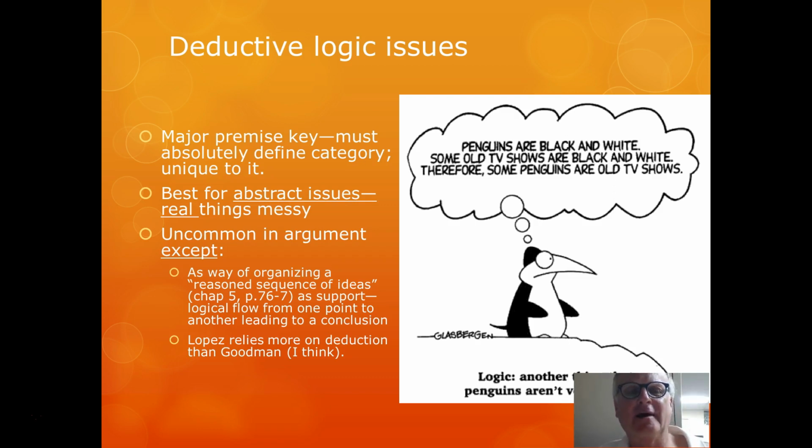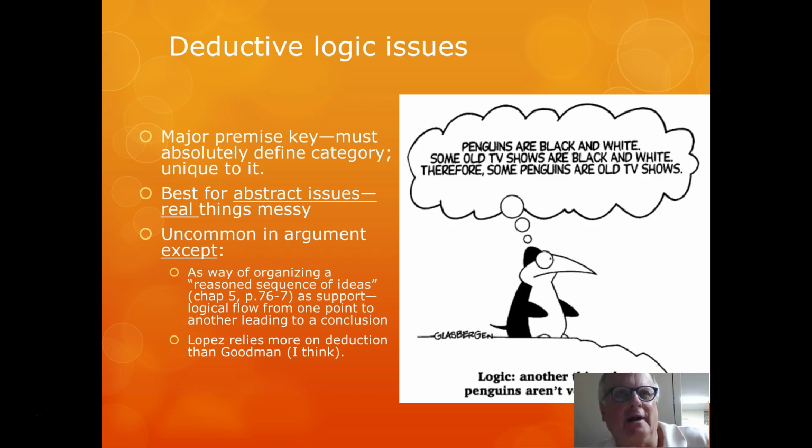And it's relatively uncommon in argument, except when you're trying to put together what our textbook calls a reasoned sequence of ideas, as we logically go from one point to another, and we can draw maybe a deduction at the end of that. If you go back to chapter 8 and you look at the rhetorical analysis essays that we looked at, Lopez, I think, is fundamentally trying to use deductive logic.